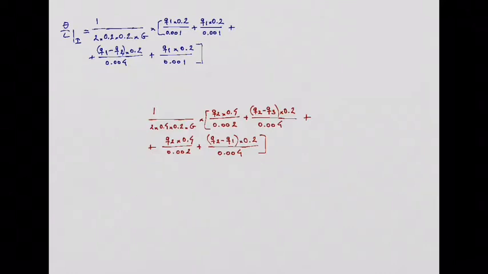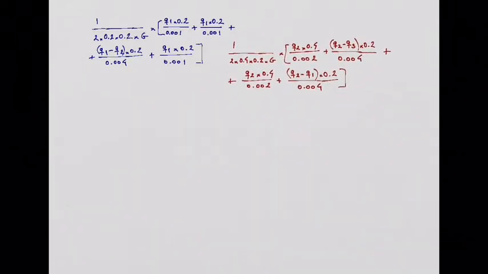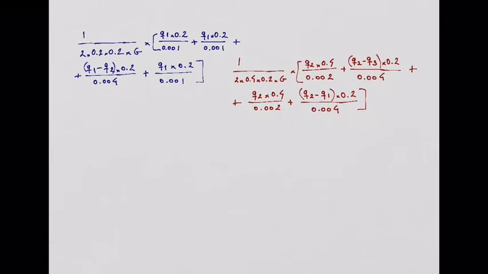Right? So I'm going to basically say that this and this need to be equal. And if I do that, look, this G cancels, goes away, right?